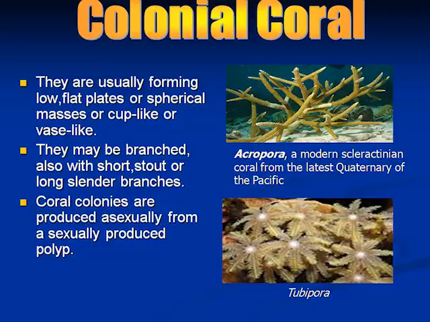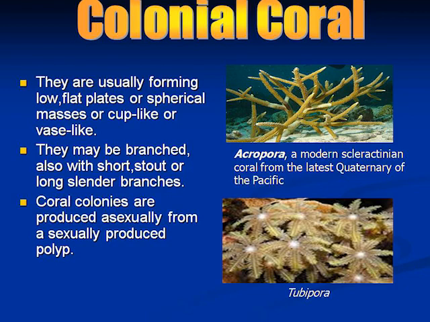The next one is the colonial coral. As we said in the earlier opening session, corals may be solitary or colonial, but mostly they are colonial. So now we will discuss the colonial coral. Here we can see that they form low flat plates, spherical masses, or cup-like or vase-like structures.